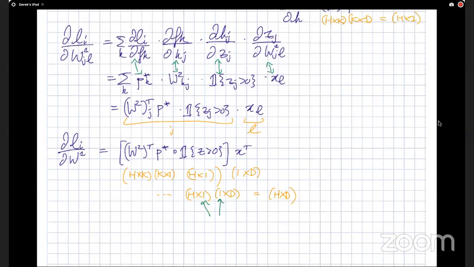So you want to make sure you put the ends in the right place, because the end card comes from the X's and it comes from the P stars, right? So in the same way, if you set this up, then this is going to be an N and an N, but then the N's cancel out, and so you don't actually have to take each individual loss with respect to W1. You can just take the sum over all of them.